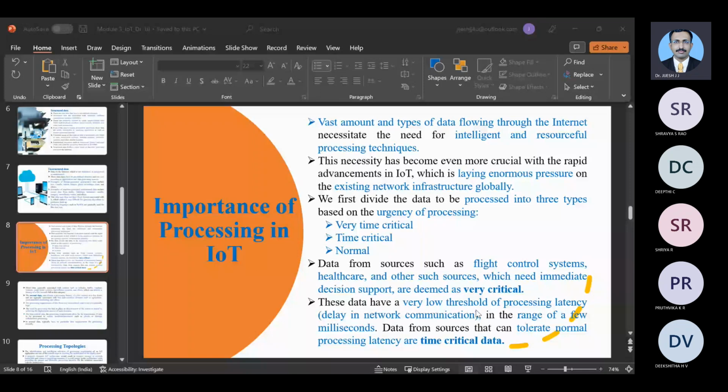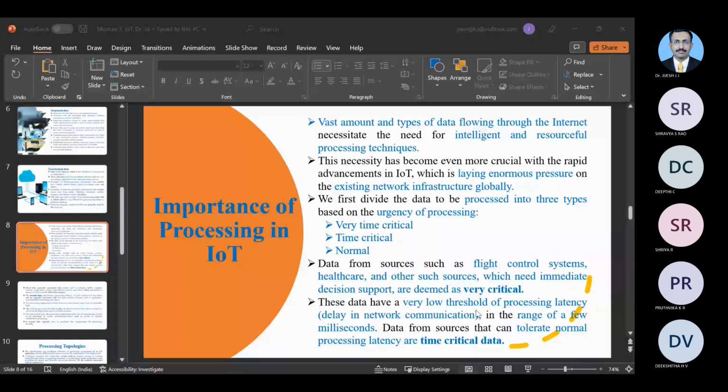So we can classify into three: very time critical. Very time critical means what? It is the information which has to reach the destination at a faster pace.